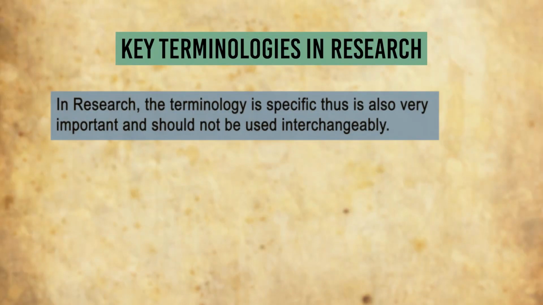In research, we have to understand the terminologies. It is a very systematic and scientific process, and that is why our terminologies are very important. In research, the terminology is specific. Thus, it is also very important that we should not use them interchangeably, because every term has its own meaning.